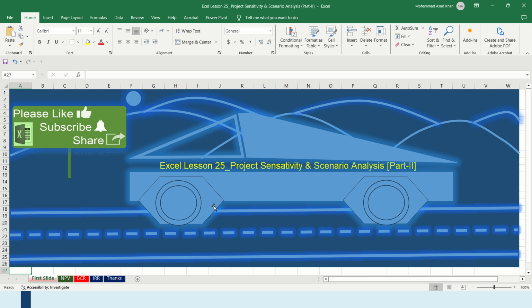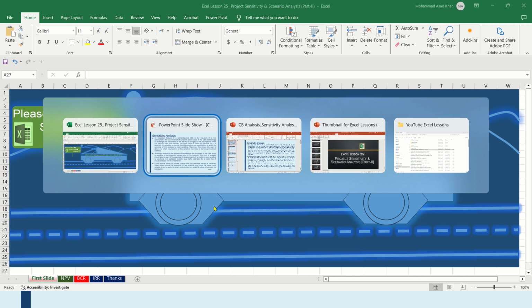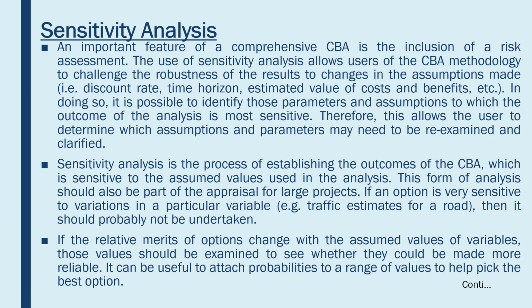For that purpose, this is part 2, and we will go straight to the sensitivity analysis: how we define it and how we calculate it in the Excel worksheet. Sensitivity analysis is an important feature of a comprehensive cost benefit analysis, which is the inclusion of a risk assessment.